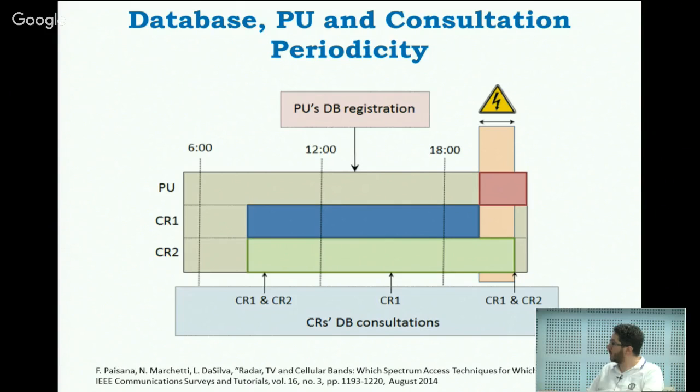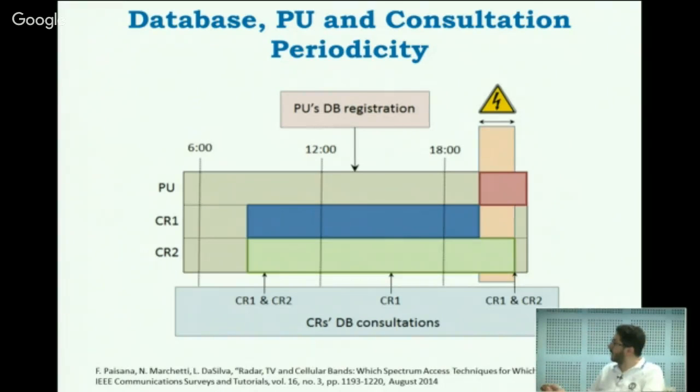So for Cognitive Radio 2, the picture at this point in time is still valid. It's not aware that the primary user is going to transmit a bit after 18 hours. So it will clash, right? The transmission from Cognitive Radio 2 and the primary system will experience a collision, an interference. So therefore, we have this danger sign here.